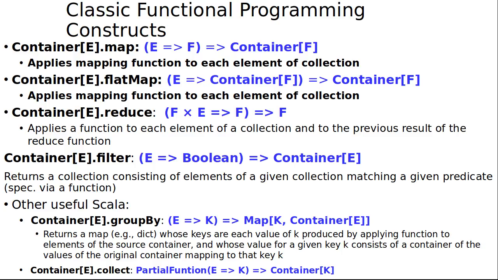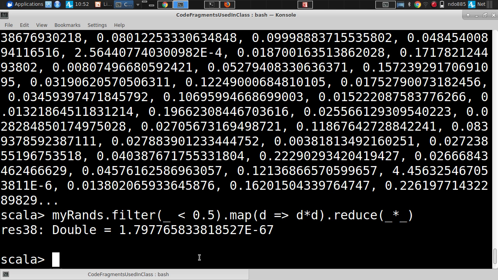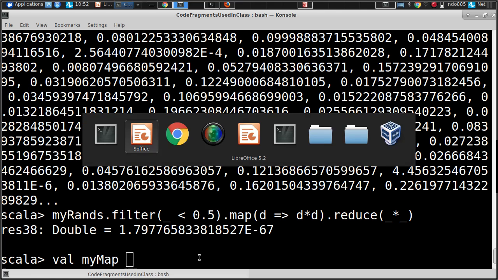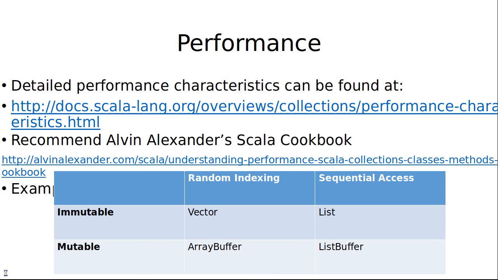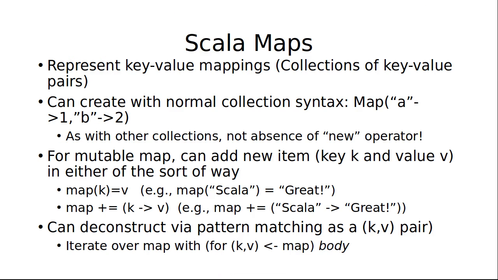Okay, let's get a little bit of practice with Scala Maps right now. So val myMap. Here I actually have a slide on this. Scala Maps. So these are some ways you can manipulate maps.